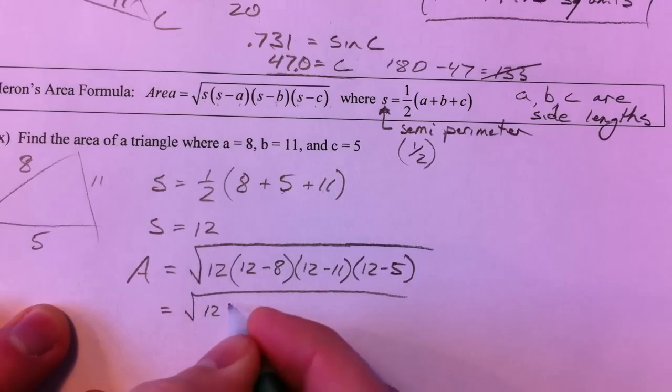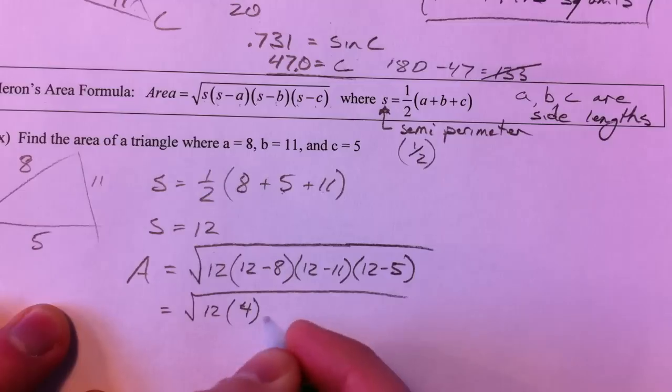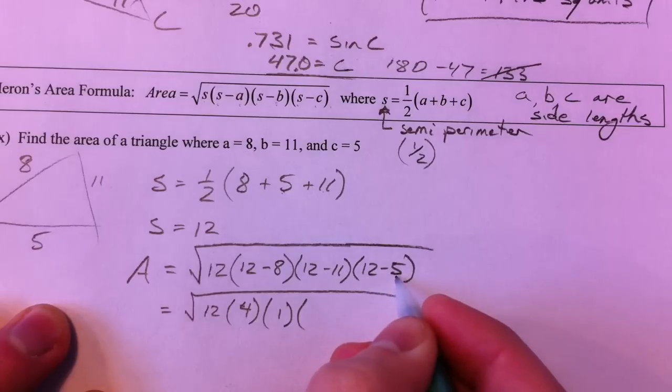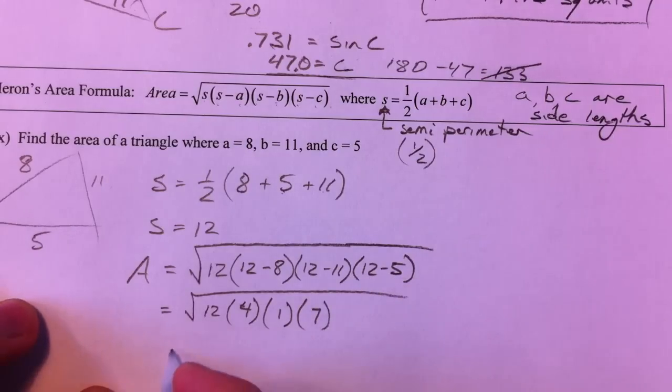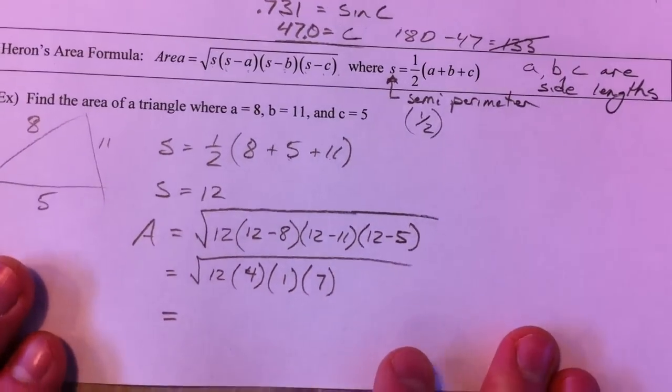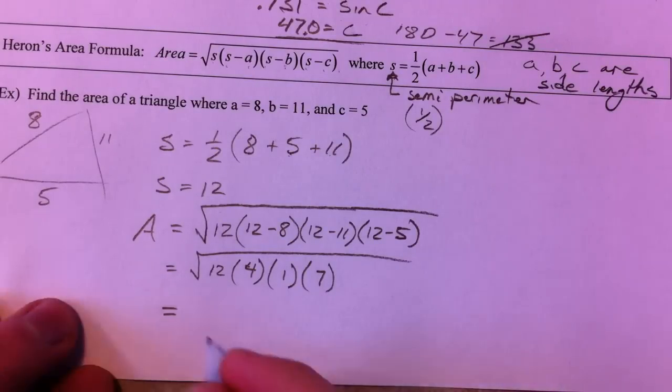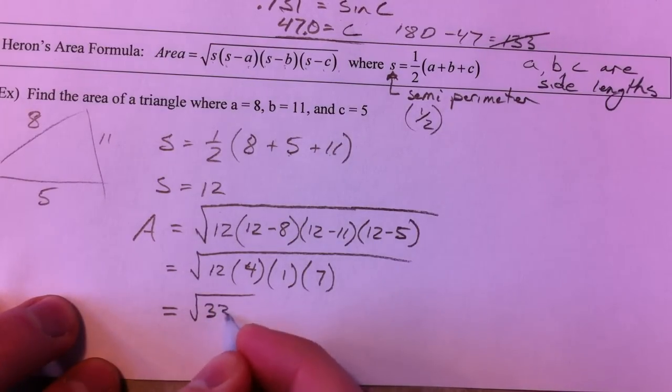So 12 times 12 minus 8 is 4. 12 minus 11 is just 1. 12 minus 5 is 7. And so we're getting all of that in there. 12 times 4 times 7 is the square root of 336.